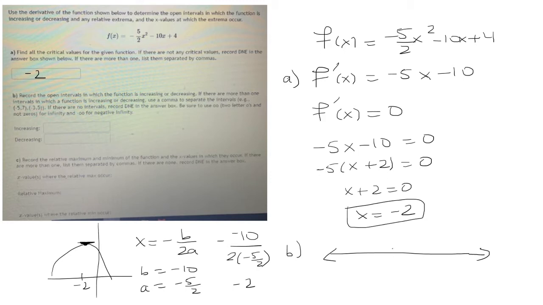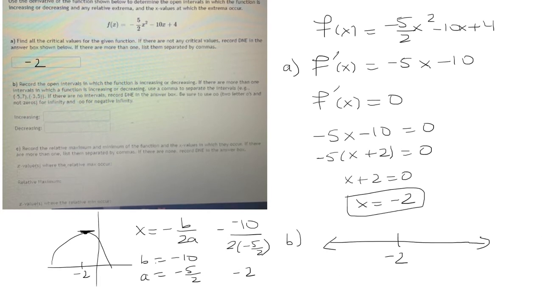Now for part B, we want to see where it's increasing and decreasing. So we know that it's going to look like an upside down parabola because the negative 5 halves is negative, so it means it's opening down. So you would expect it to be increasing from the left, decreasing from the right. But let's verify that using the first derivative test.